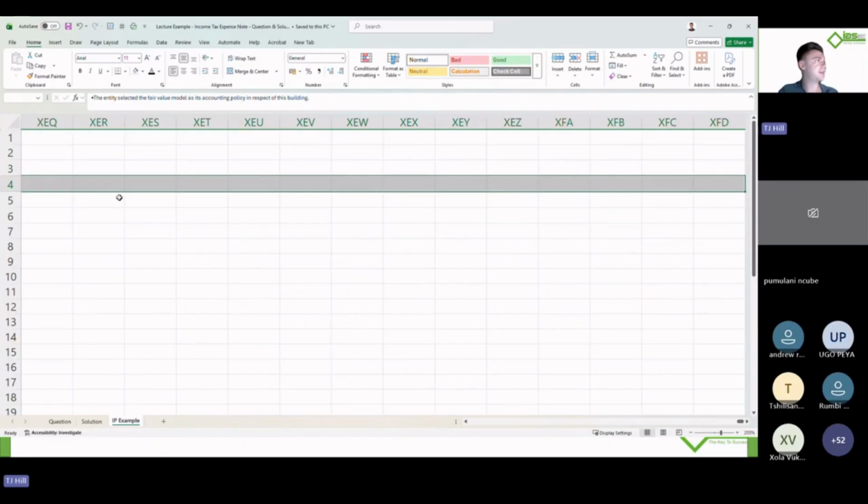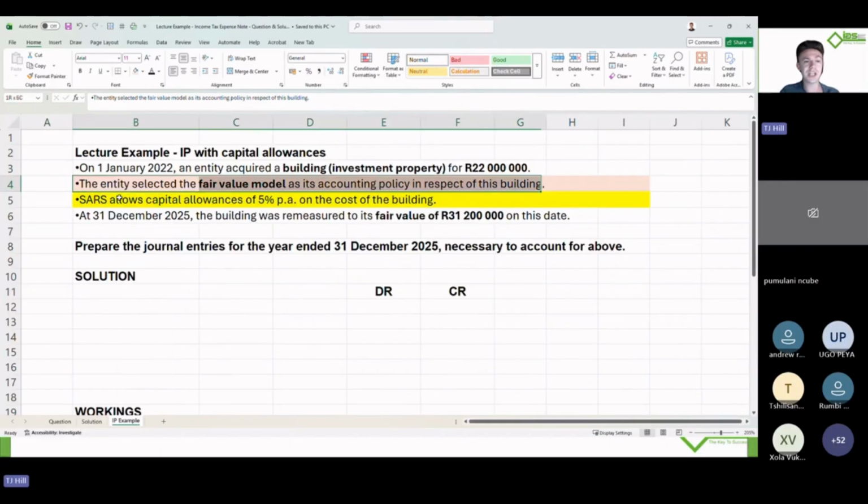I've selected the fair value model and I'm not depreciating it for accounting purposes. So applying that paragraph, have I rebutted that presumption? It said to me, if it's on the fair value model, it is through sale, unless it is depreciable. Now, depreciable for who?